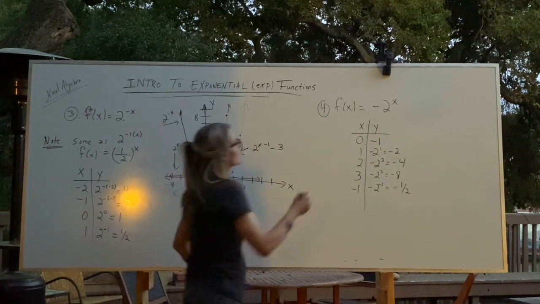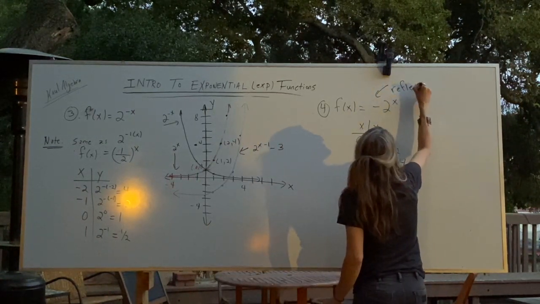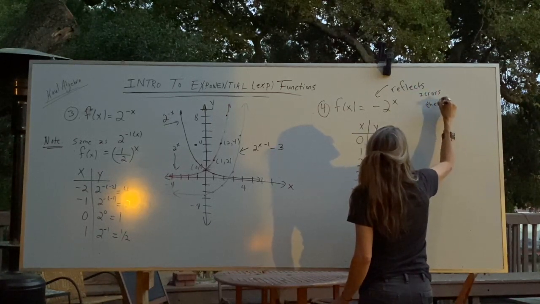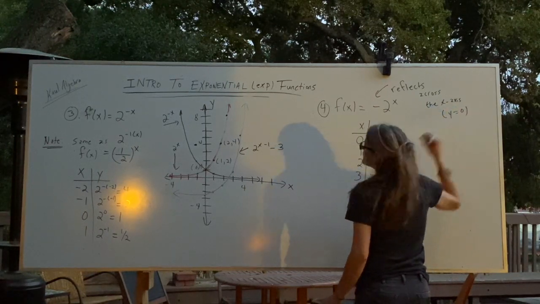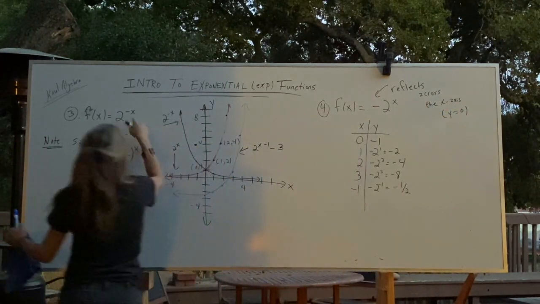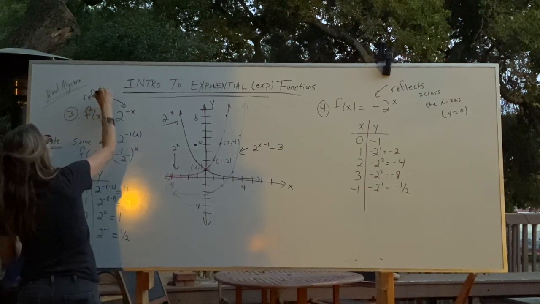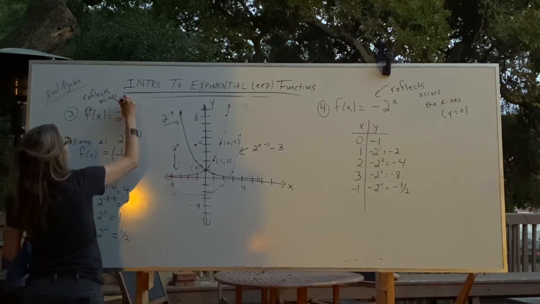So this, we say, reflects across the x-axis, y equals 0. And this, as I mentioned, I'll write it down, reflects across the y-axis.